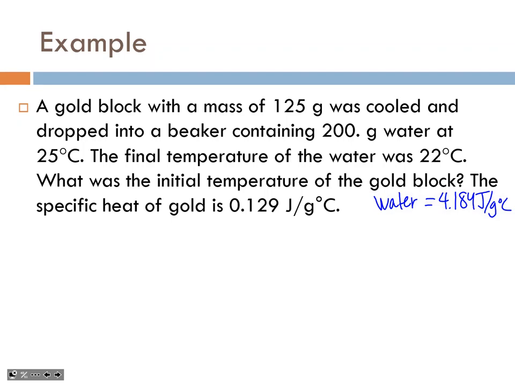Now, as we say here, we have our gold and our water that are going to be combined. One's going to be losing heat, the other one's going to be gaining heat, and then they reach thermal equilibrium at the same temperature. So which one's losing heat? The water is losing. The gold is gaining because the gold started out being colder than the water.